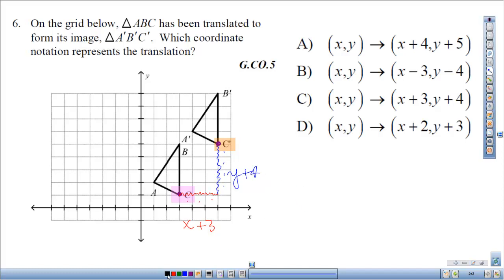So this coordinate notation, you would take your pre-image points, whatever they are, and it would map onto a spot that you would arrive at by doing X plus 3, Y plus 4, and that looks like it would be letter choice C would be the answer. Okay, if you had used point A and moved it over to A prime, you would have got the same answer. All those points move the same way.